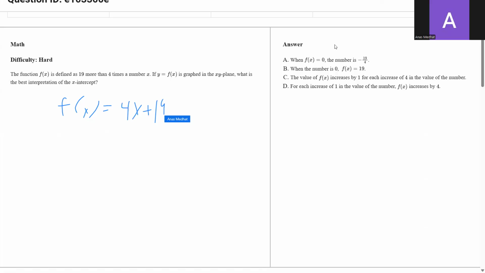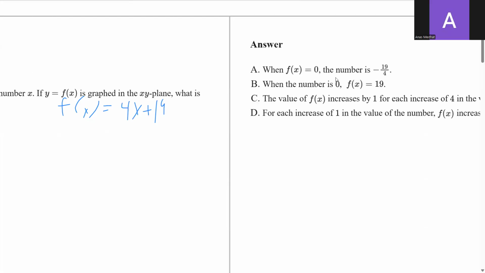Let's see each answer. When f of x is equal to 0, the number is negative 19 over 4. Let's try it. 0 for x plus 19. Yes, this would be correct. x will be negative 19 over 4. The answer should be A.